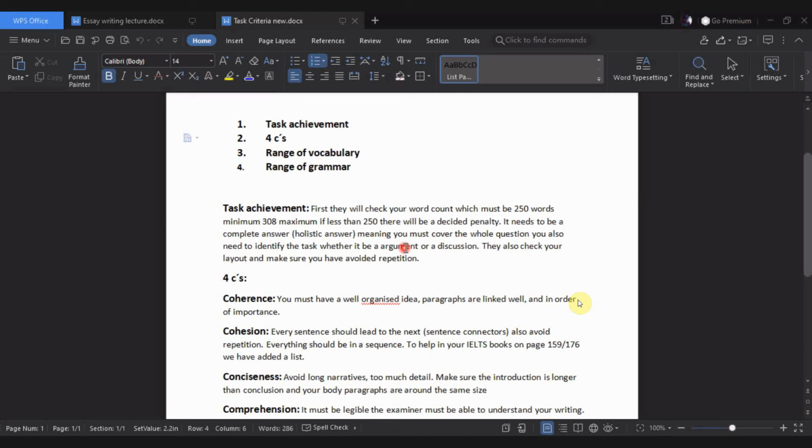As for your task one writing this time, under your coherence, they're still going to check and see if everything would be in order. Meaning, if you follow the structure, it's not confusing. If you remember, for most of you who attended yesterday's class on task one writing already, the main topic that I shared with all of you was the informal letter.